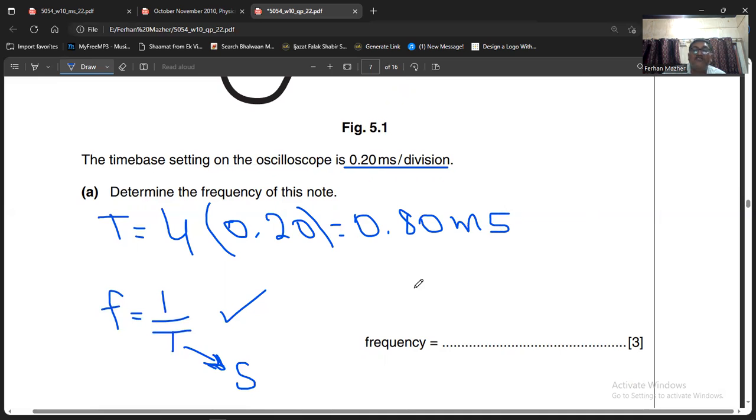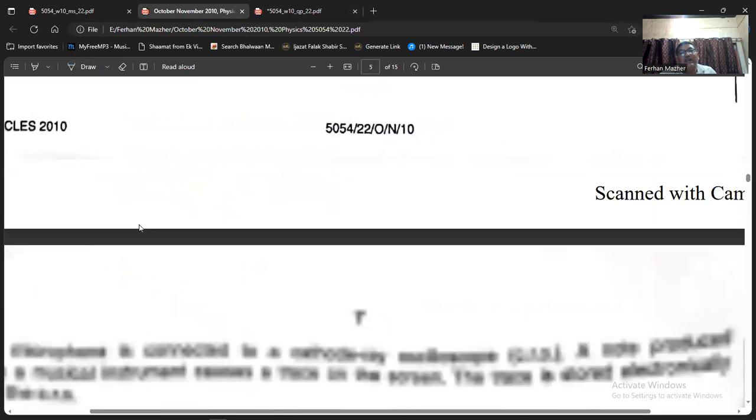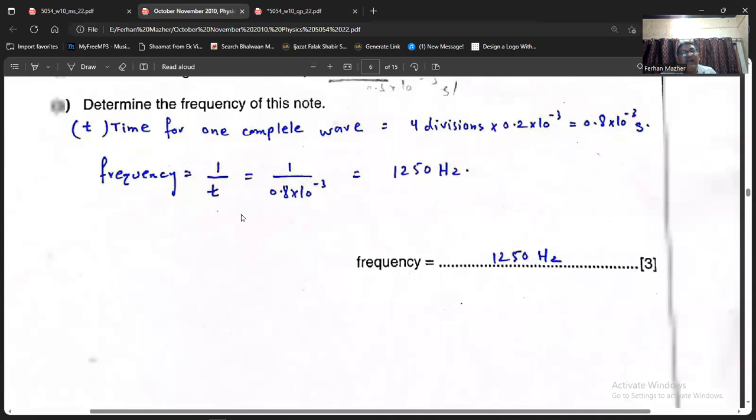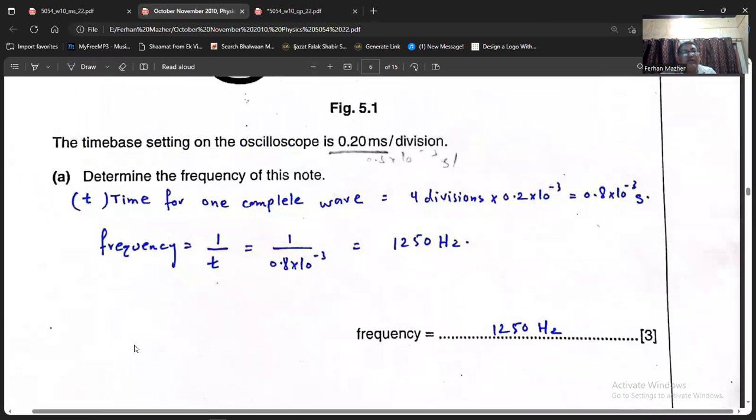And millisecond means 10 raised to power minus 3 seconds. So then I will convert it into seconds, and then we will put these values in. So the time for one complete wave will be 4 multiplied by 0.2 into 10 raised to power minus 3, and that will be 0.8 times 10 raised to power minus 3 seconds.